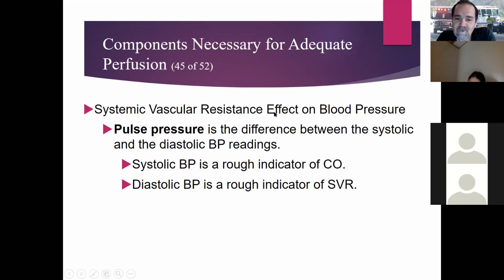So basically, the pulse pressure is the difference between the systolic and diastolic. Systolic blood pressure is a rough indicator of cardiac output, and the diastolic blood pressure is a rough indicator of systemic vascular resistance. So remember, in that little magical ball, well, not magical, but let's say your ventricles contract and send out a gulp of blood within your blood vessel.